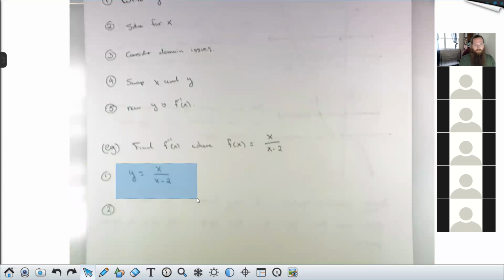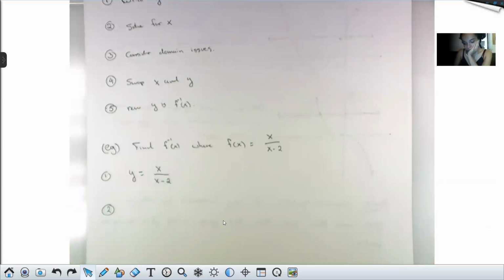Anybody have an idea how we could begin solving this equation for the variable x? Okay, maybe I'll get us started.